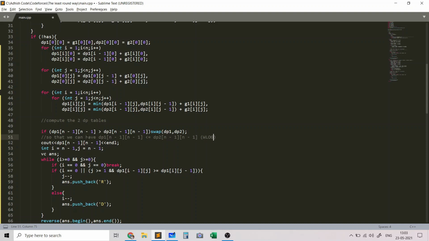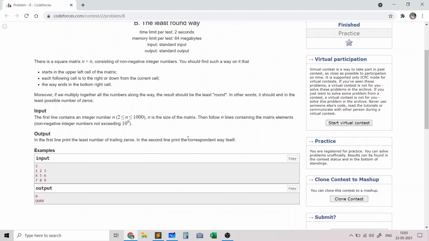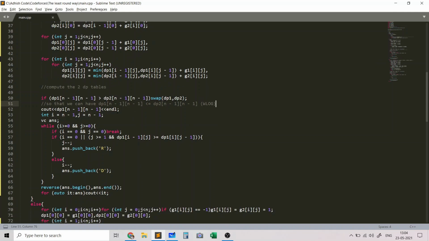Without loss of generality we can do this, because they are just the powers of 2's and 5's. In the end we don't need to print the number, we just need to print the path. So it doesn't matter which one is 2 or which one is 5, both are the same to us. That's why we reverse the two grids. Then we print out the value, because this is the number of trailing zeros.